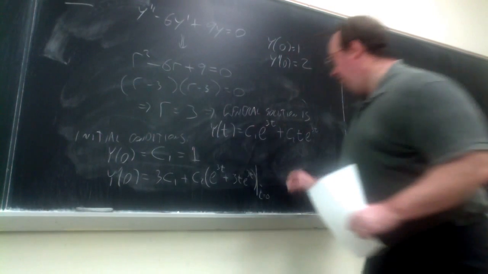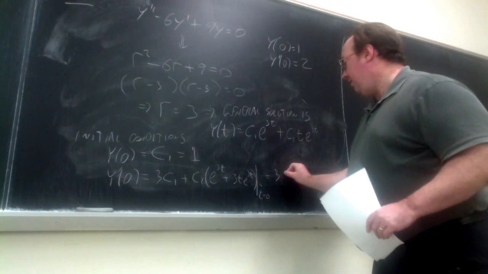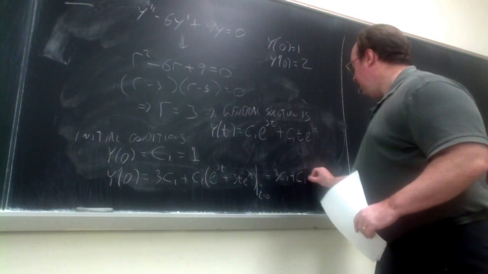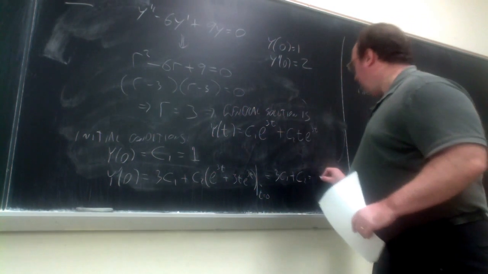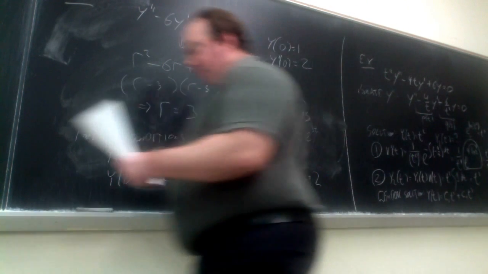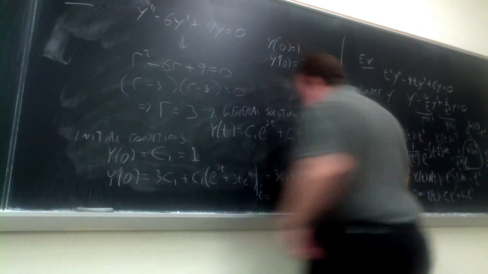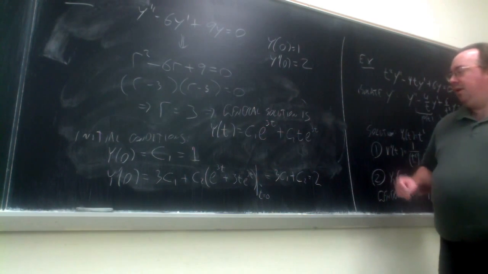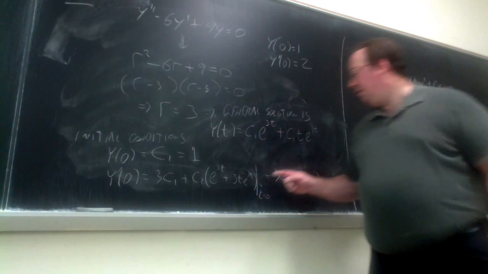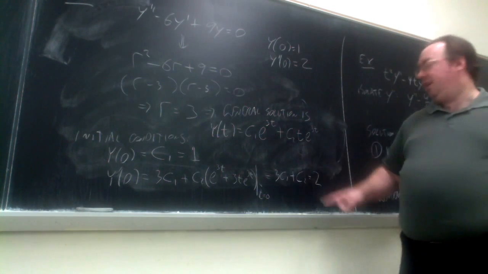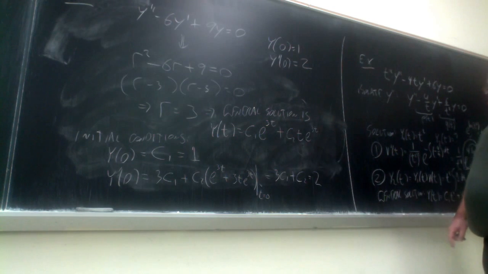So what you end up with is 3c1 plus, this becomes 1, so c2, and that is equal to your y prime value, that is 2. What happened to the e to the 3t for the c1? Well, we're plugging in t equals 0. That's why we're only left with c1.